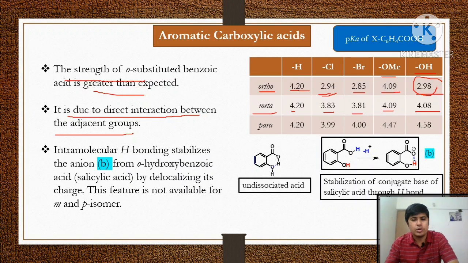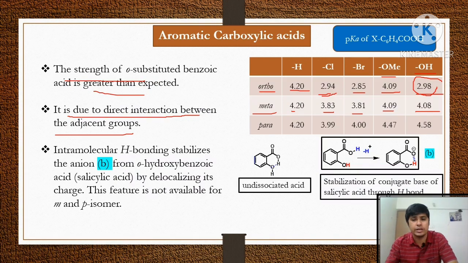Okay, see, when it donates a proton, this blue proton, there will be formation of this type of conjugate base, and that conjugate base will get stabilized through intramolecular hydrogen bonding.